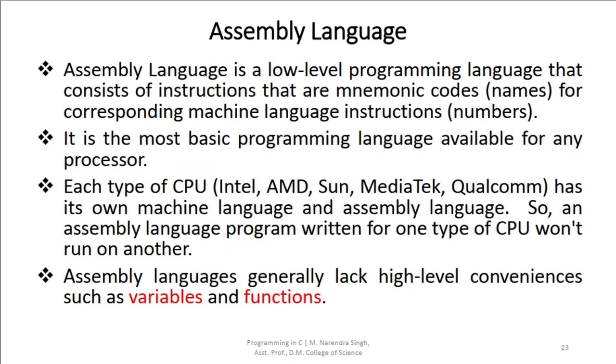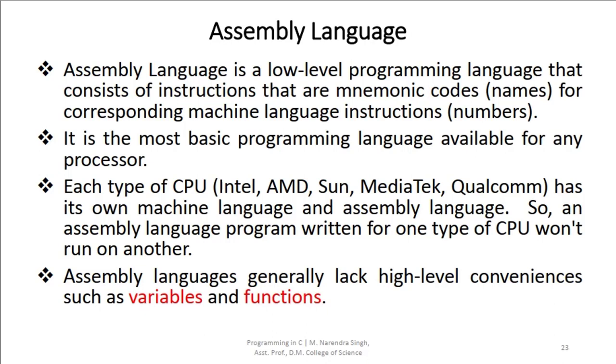Next, let's go to assembly language. Assembly language is a low-level programming language that consists of instructions written in mnemonic codes, that is shortened names, instead of the numbers in machine language. Assembly language is one step further from machine language. That's why assembly language is a little bit better than machine language in understanding. Assembly language is the most basic programming language available for any processor.